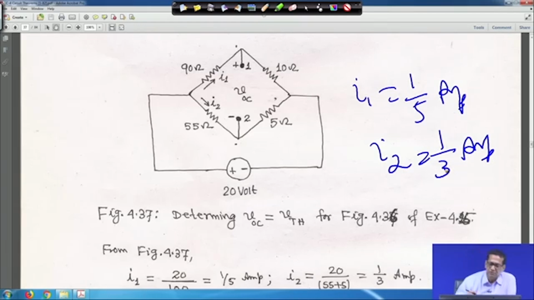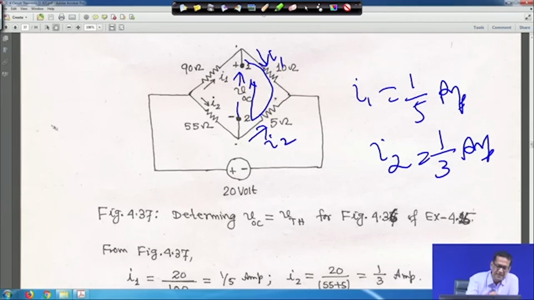Now here you apply KVL, where VOC means V Thevenin. If you apply KVL on the left hand side also, you will get the identical result. Moving like this, the I1 current is flowing here and I2 is flowing like this.